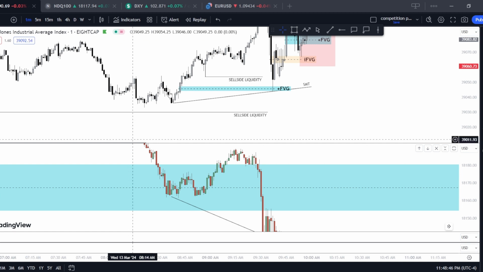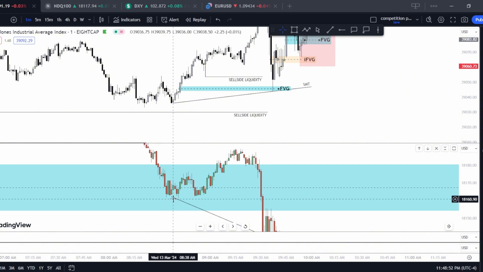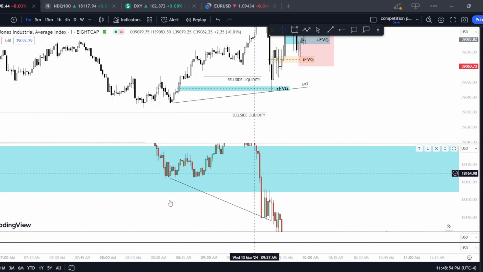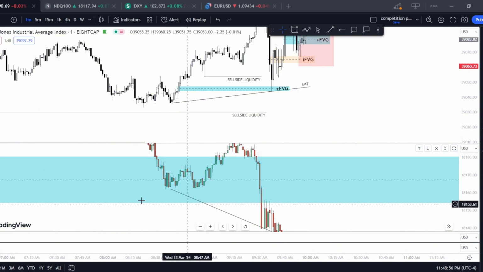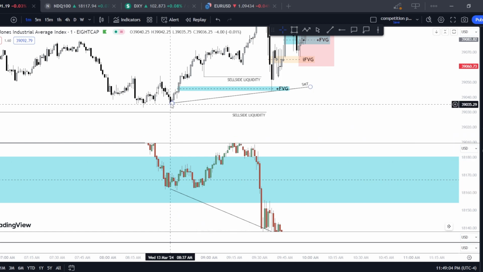But notice that we have a low right here, and then we put a higher low right here. But notice that Nasdaq, so this is Nasdaq right here, right below this chart of US30. We have a low right here, which is the same in US30.